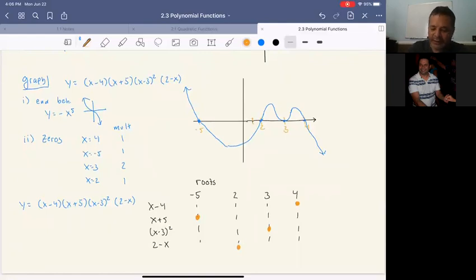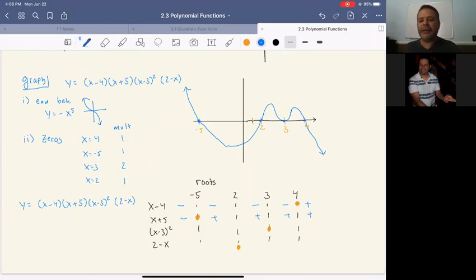Now, x minus 4. This is a line that slopes up, so it's going to go from negative to positive. X plus 5, that's a line, again sloping up. The slope is 1. So just like the example I drew on the other page, it's going to go from negative to positive.